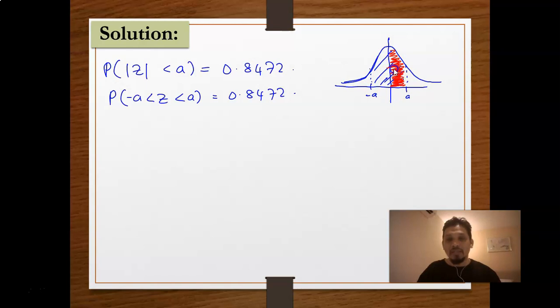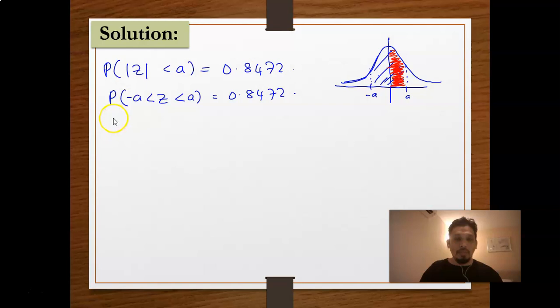Find the area on this side and multiply by 2, and we get the whole area. So for this one, find this area and multiply by 2.